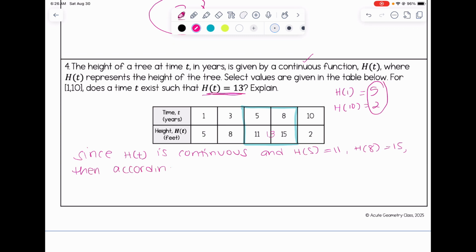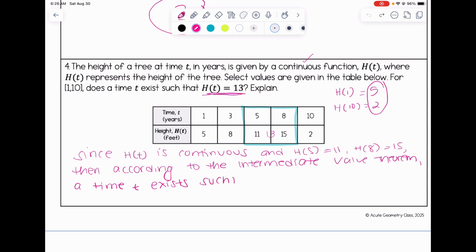Then, according to the intermediate value theorem, and then I'm going to repeat the end of the question, a time t exists such that h of t equals 13.